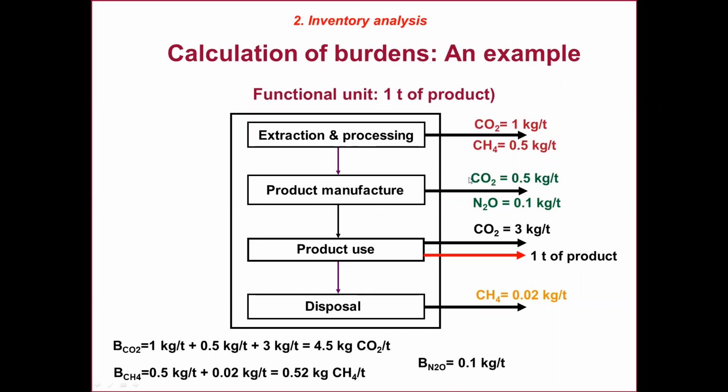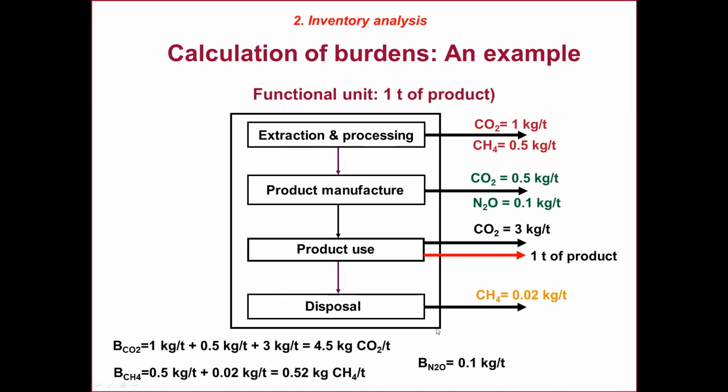Here we are just showing some emissions of greenhouse gases, like carbon dioxide, methane, and nitrous oxide. Though this process would require a lot of other things, I'm just giving this as an example. So if we are looking only at emissions of greenhouse gases, we collect all emissions, say how much CO2 is generated in extraction, or methane, or nitrous oxide, etc.